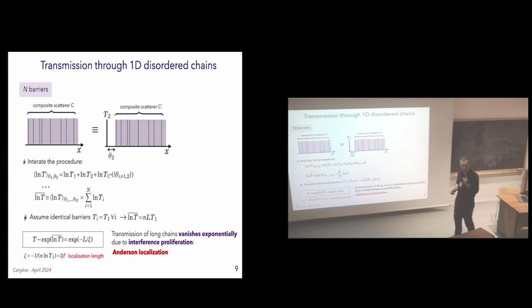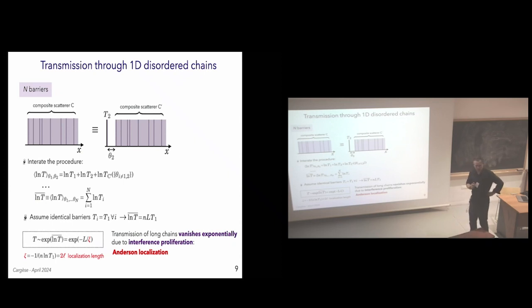So two quick comments here. First, the localization length is the length scale over which you have this decay. It's possible to show in this system, and in many 1D systems in general, that it's a couple of mean free paths. It can be shown using a Kubo formula, but I won't do it here.